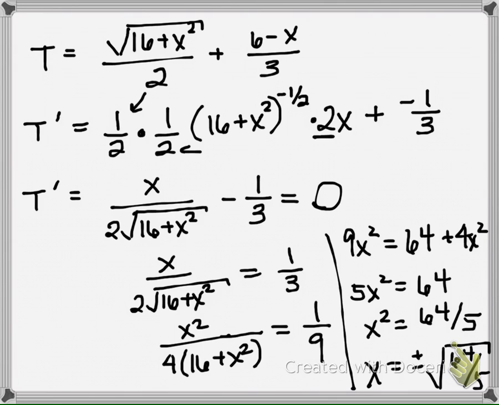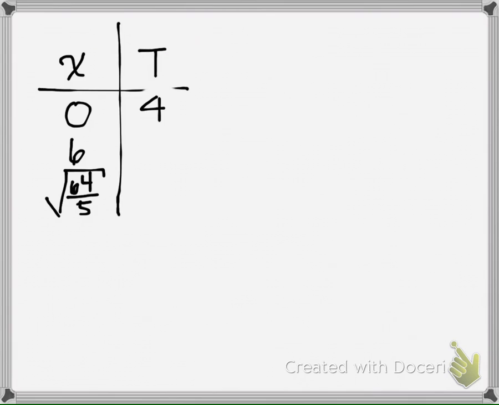If we input it, this term would be 0. And this term, if x were 6, would be 16 plus 36, or square root of 52 over 2. And that would give us square root of 13, which is approximately 3.6055.